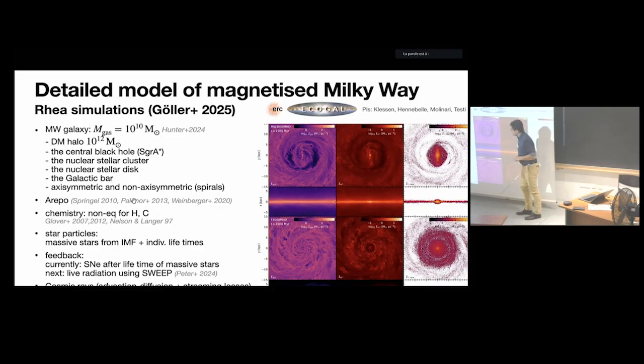We use AREPO to do that. We try to do the chemistry as accurately as possible with a non-equilibrium chemical network. Then we have star particles that form individual massive stars. We account for the lifetimes. And for the feedback, we have supernovae and in the new iteration also radiation. And we include cosmic rays in a simplified gray approximation.